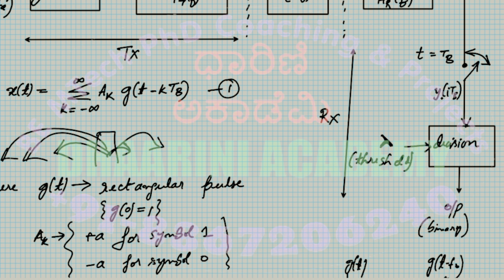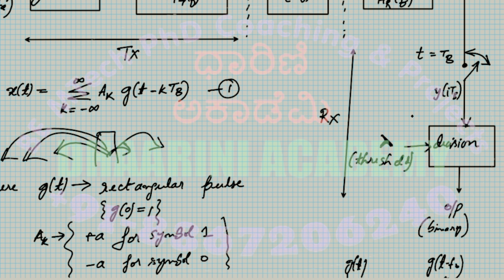This part is denoted as Rx, the notation for the receiver, wherein the final decision is taken by the decision-making device, which uses a certain threshold. You compare your sample value, y of iTb, with the threshold. If y of iTb is greater than the threshold, make it 1; if lesser than the threshold, decide it as 0.